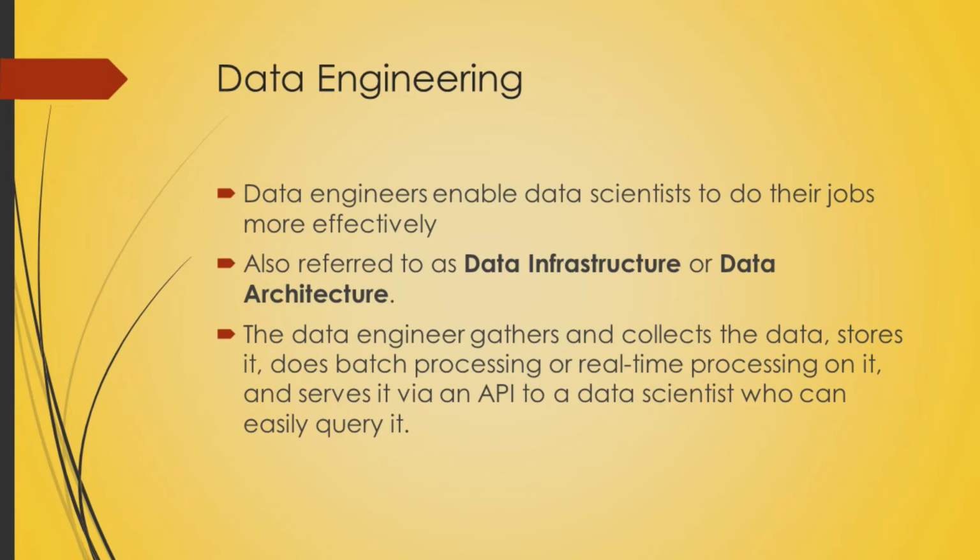That's again a very important field that people need to know. So data engineer gathers and collects the data, stores it, does batch processing and real-time processing on it, and serves it as an API to data scientists who can easily apply that, okay?